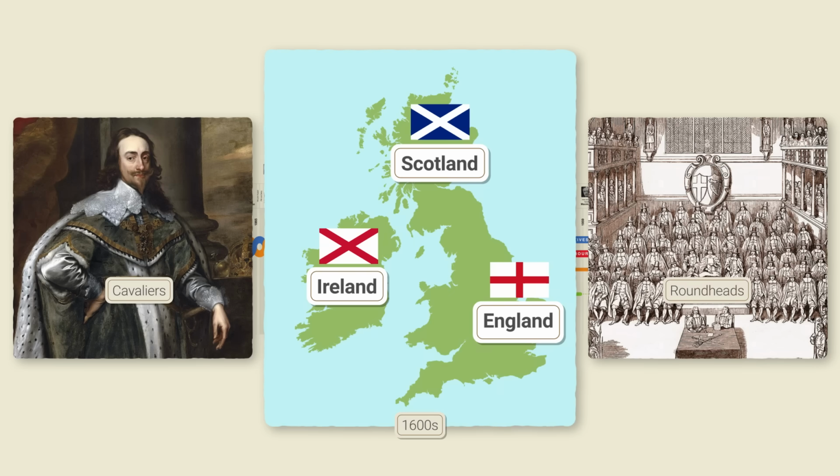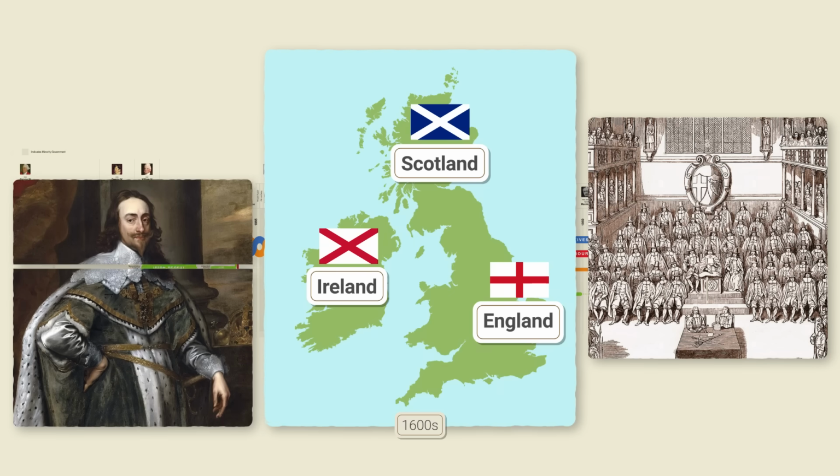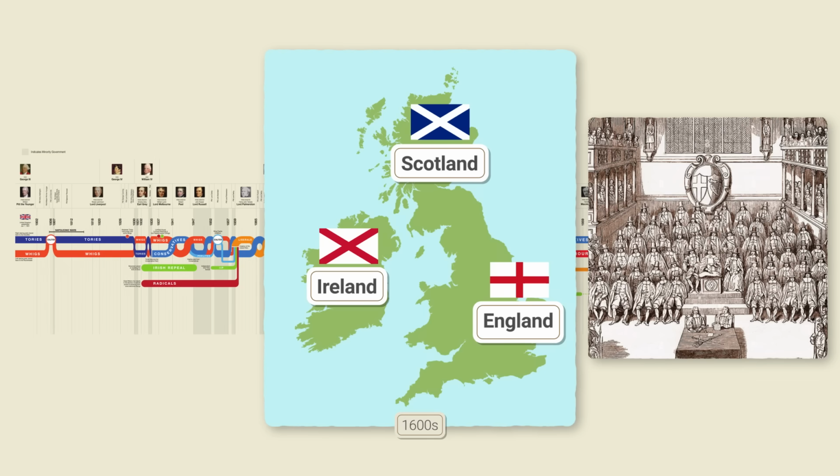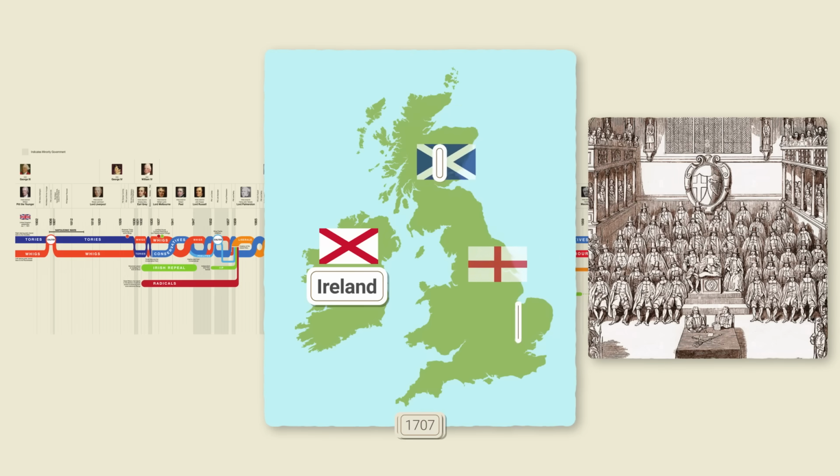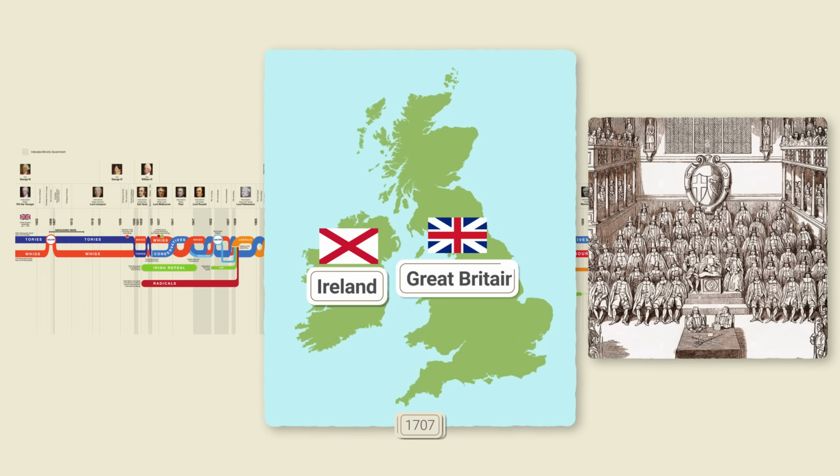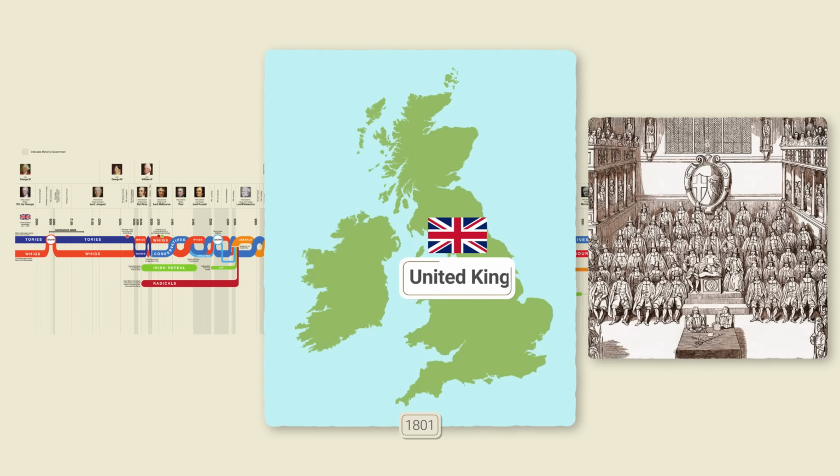In the end, the Roundheads won, and after a brief period with no monarch at all, followed by some conflict over which branch of the royal family should sit on the throne, both England and Scotland finally became constitutional monarchies in 1689. Shortly thereafter, in 1707, England and Scotland officially merged to become Great Britain, and then in 1801, Ireland was added as well, resulting in the creation of the United Kingdom.